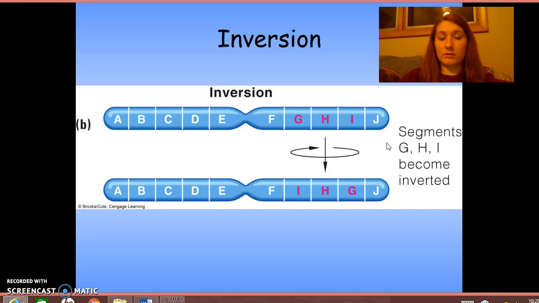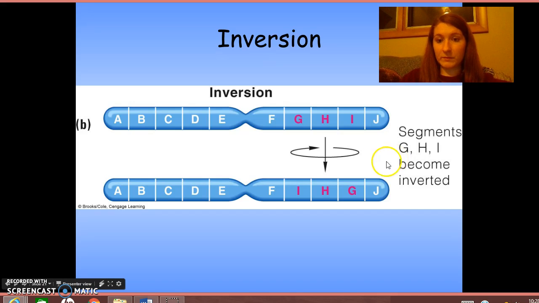Inversion, also meaning to flip. So here you have G, H, and I to begin with, and then that's totally going to flip around. So I is going to be first, and then H, and then G, which changes the sequence of genes on the chromosome, which can also affect the protein that is made from that amino acid, and it would all get mixed up.